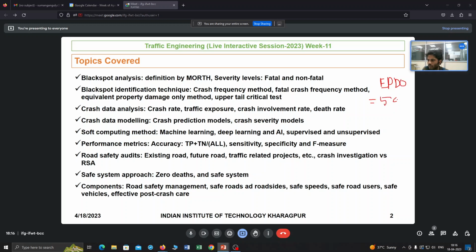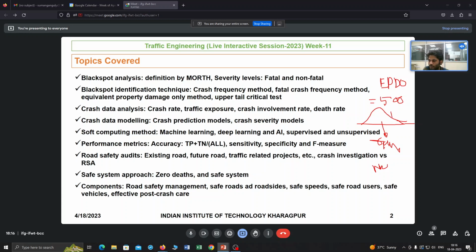Here 500 locations means 500 segments of 100 meters each, small homogeneous segments, right? Now if we plot these values, and assume it is a Gaussian or normal distribution, right?